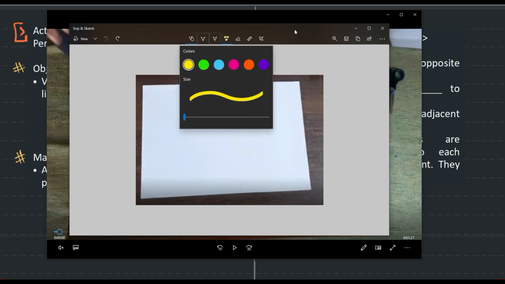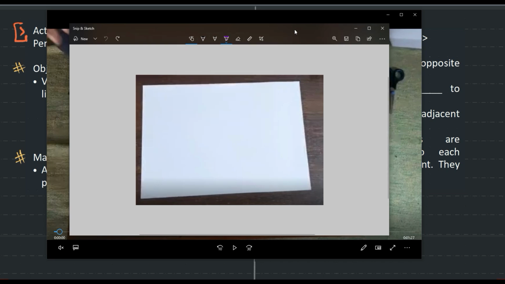Okay, this and this, those are your adjacent ones.